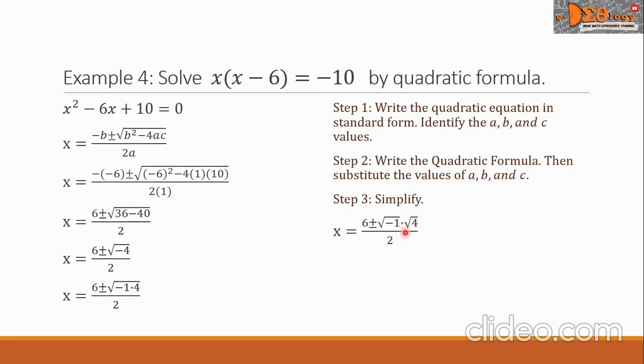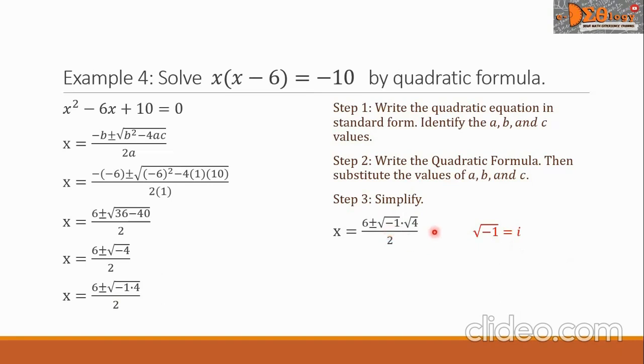We know that the square root of 4 is 2. But this square root of negative 1, we don't have a real number answer here. So we can regard this square root of negative 1 to be imaginary. And this first letter of imaginary, i, we will use this to substitute for the square root of negative 1.